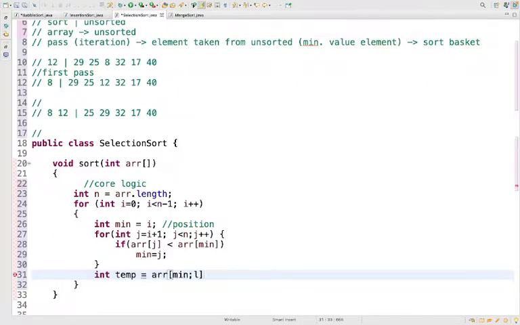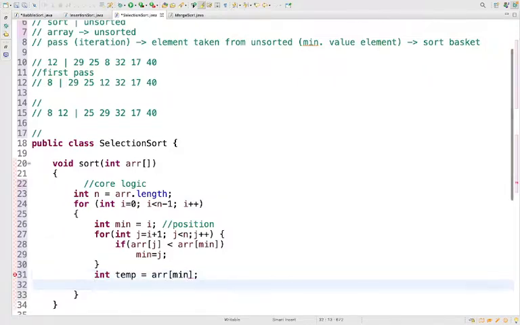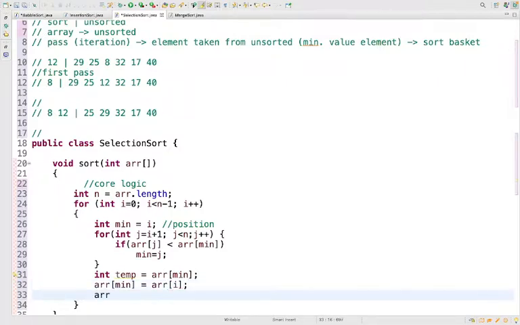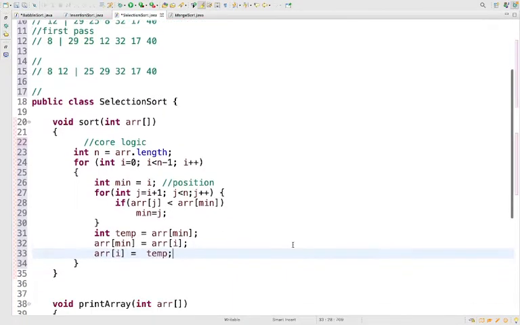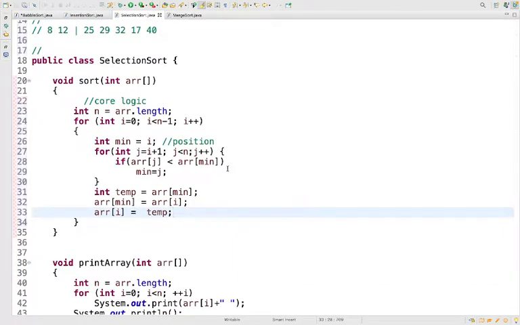So for that we are going to use the min, and we'll keep the value of i, and arr of min we are going to keep in temp. Okay, so that's how the logic goes here.